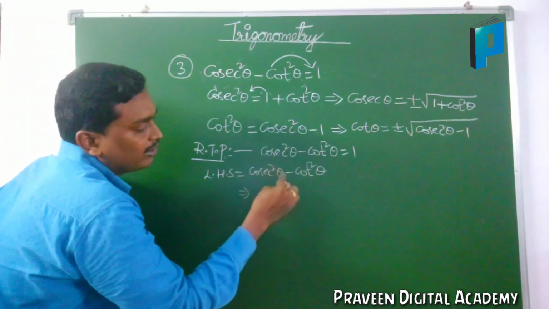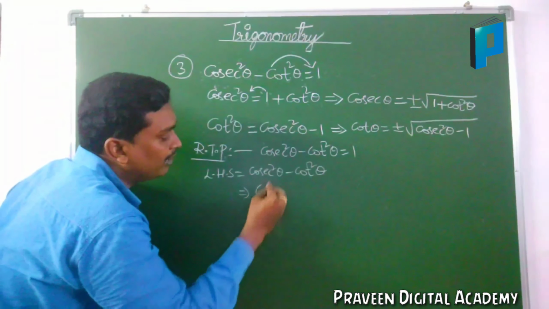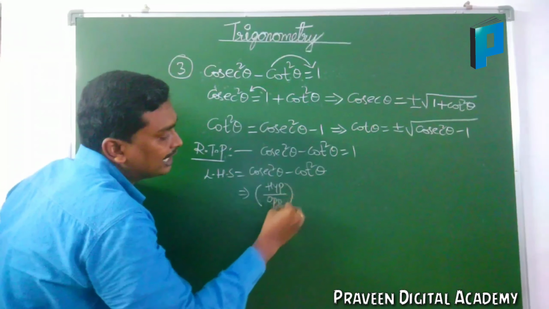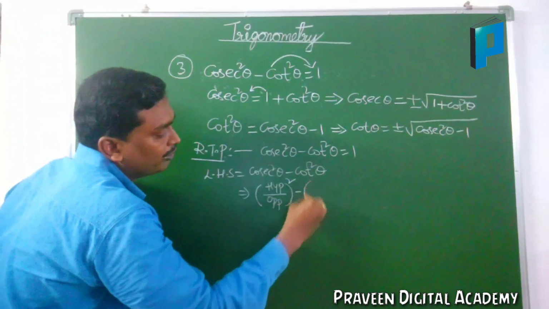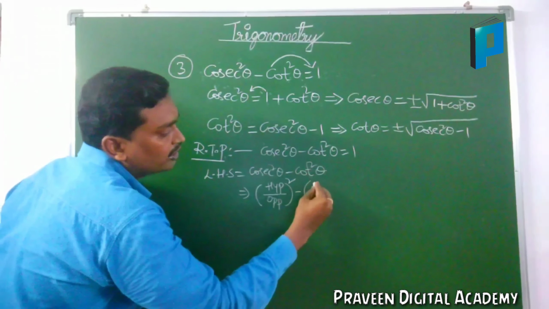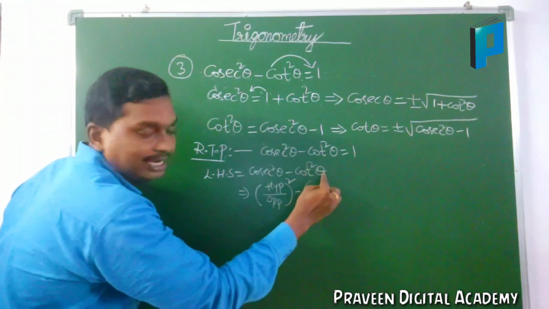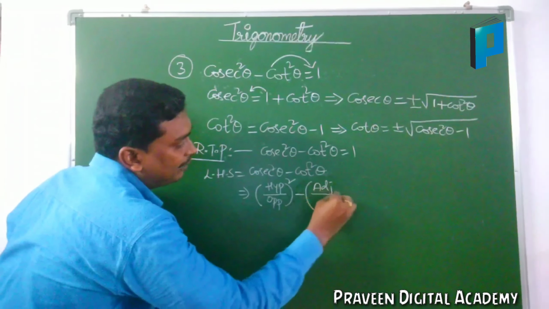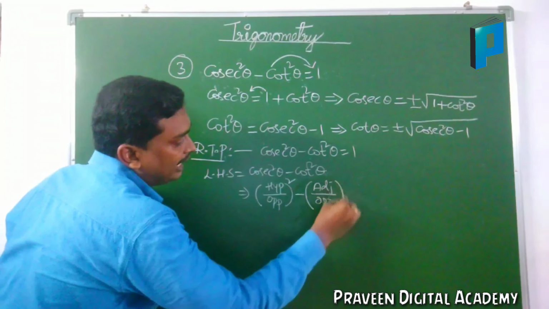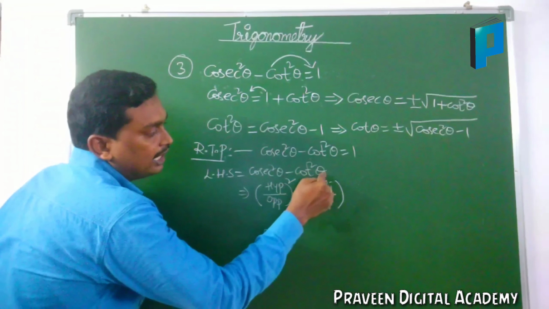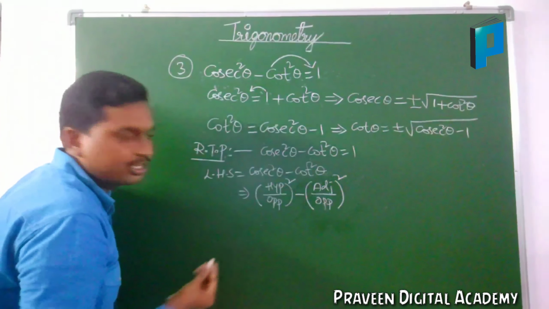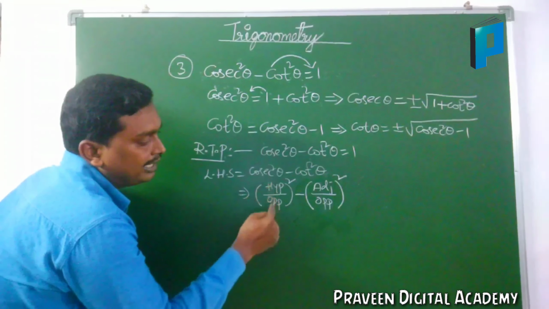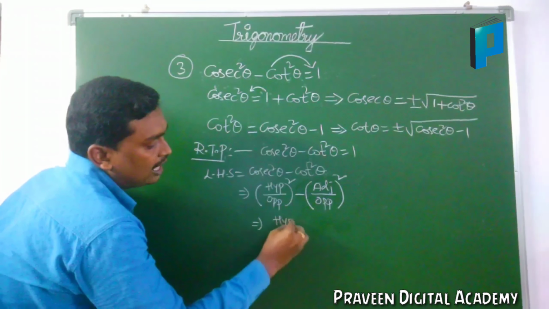Now here cosec square theta. What is cosec square theta formula here? Hypotenuse by opposite side, whole square. Minus is minus, cot square theta. What is cot value here? Adjacent side by opposite side is the formula of cot theta. Here square is there, keep the square for both numerator and denominator here.